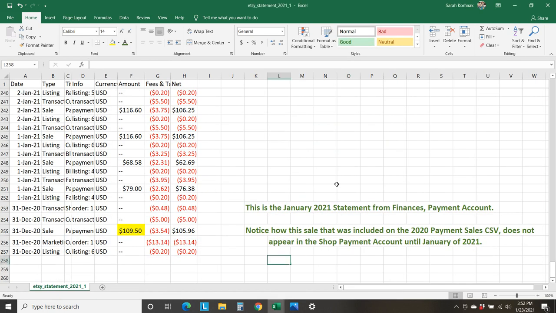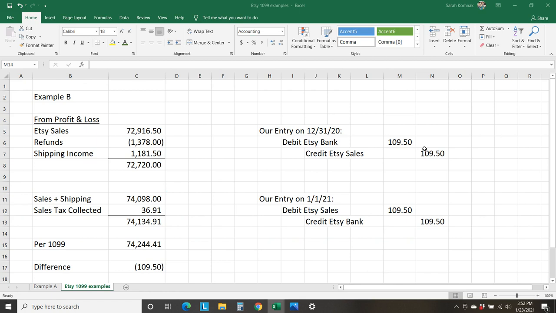We are going to use this January 2021 statement, and it also includes that $109.50. So if we just did the entry on December 31st and didn't reverse it, we'd end up counting the $109.50 twice.